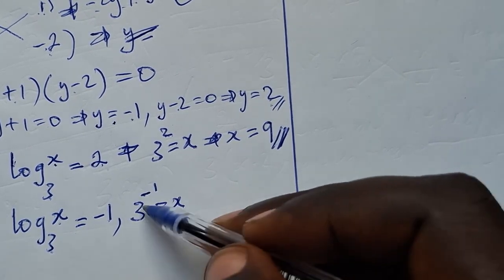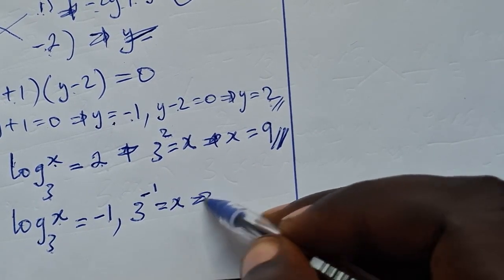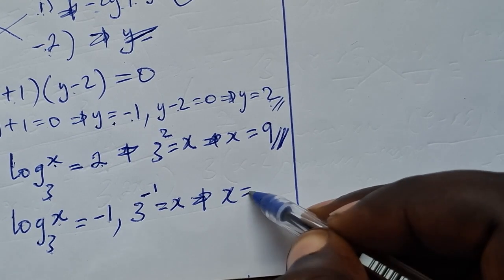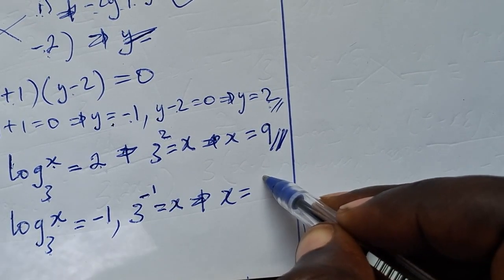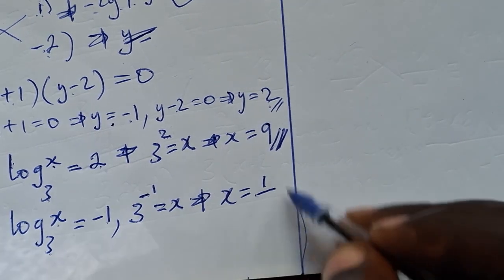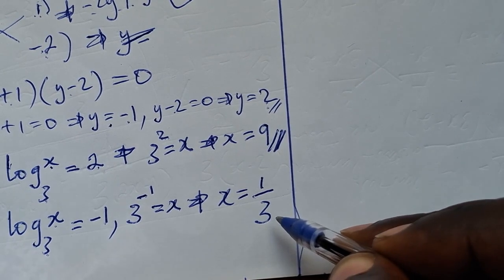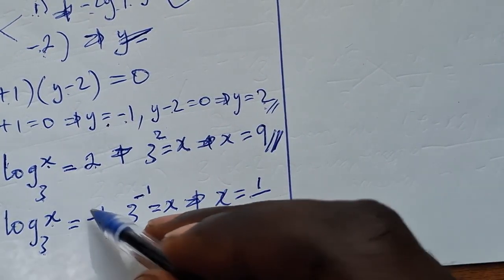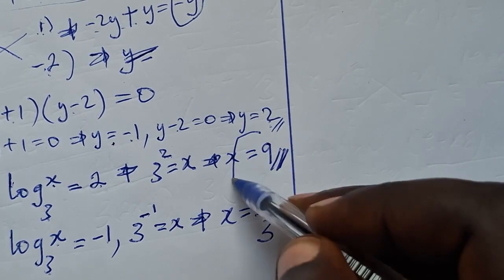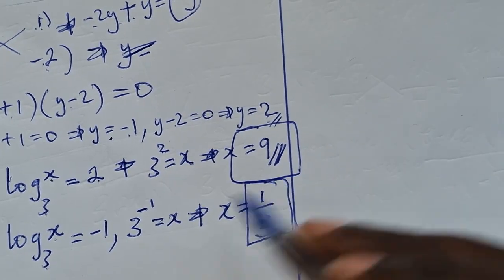So 1 over 3 will make this work. So x will be equal to 1 over 3. So the various values of x are 9 and 1/3.